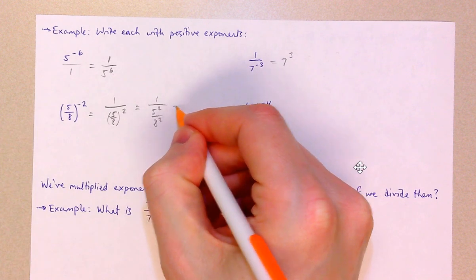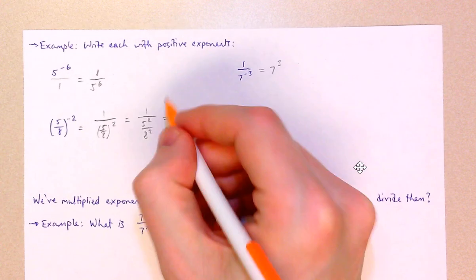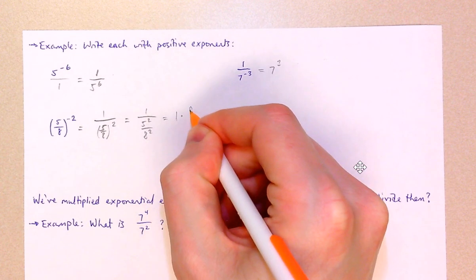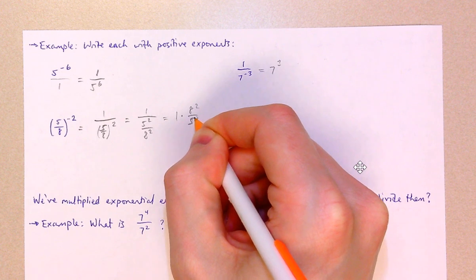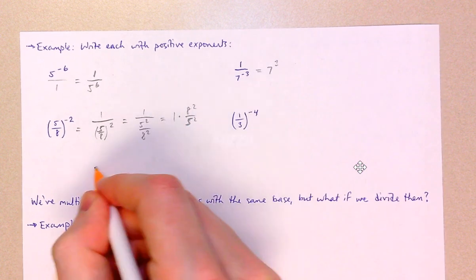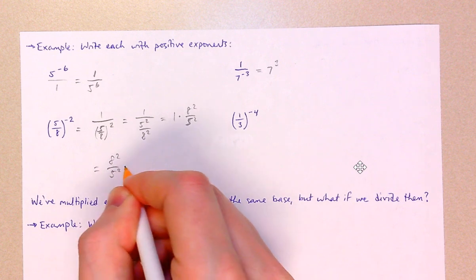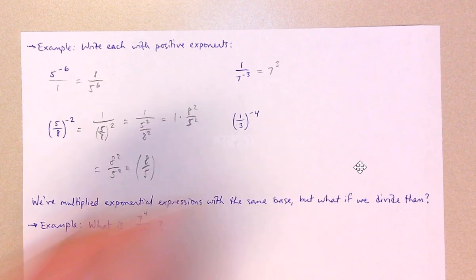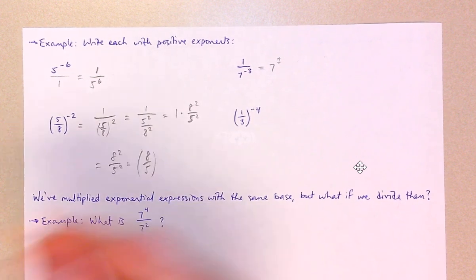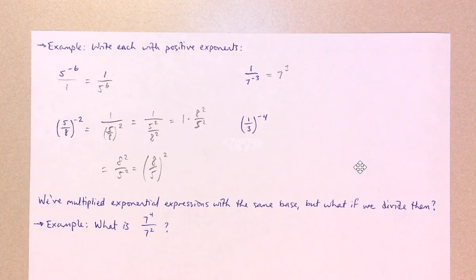So 1 over 5 squared divided by 8 squared is saying the same thing as 1 times 8 squared divided by 5 squared, which clearly is just 8 squared divided by 5 squared. And that's the same thing as 8 over 5, that whole thing raised to the power of 2.